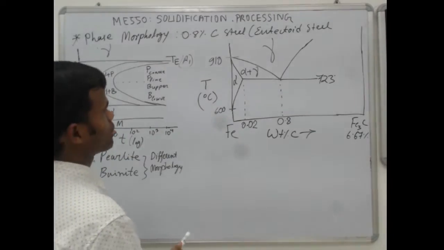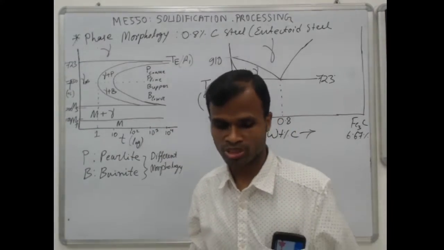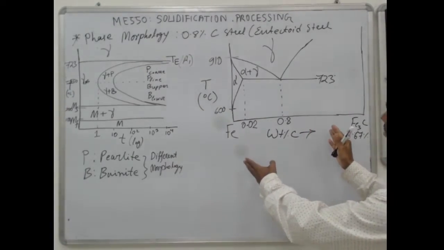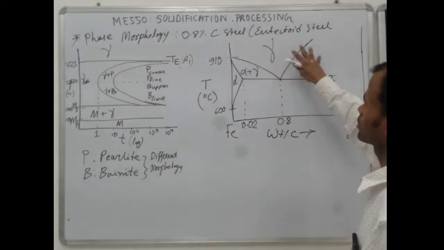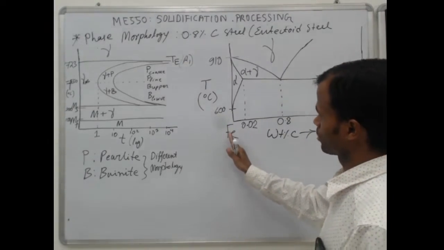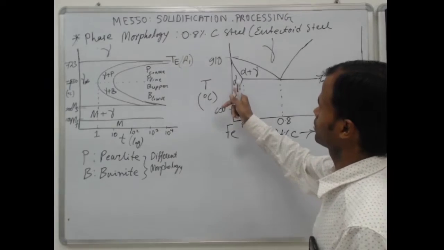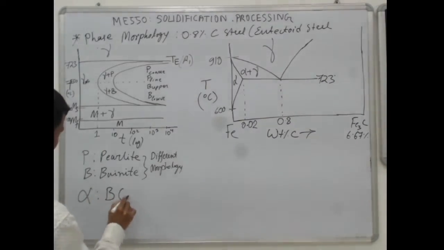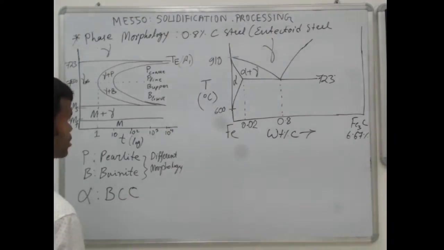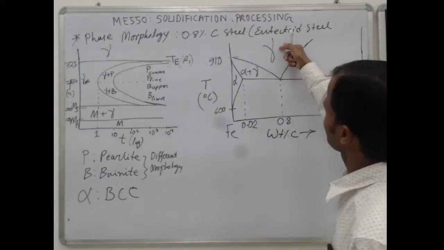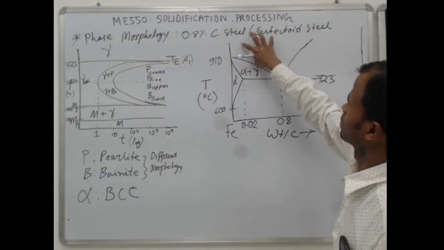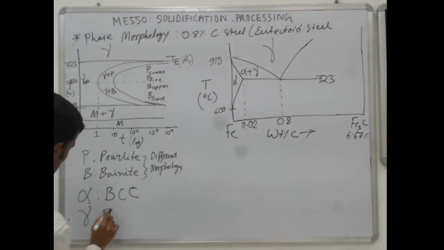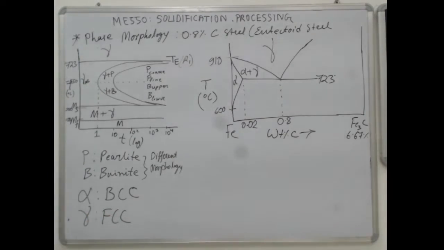We will not explain the full phase diagram here, but this is the part of the phase diagram where everything is solid. This is pure iron. Alpha iron has a BCC, body centered cubic structure. Above this temperature, in this region everything is austenite. Austenite has an FCC, face centered cubic structure.